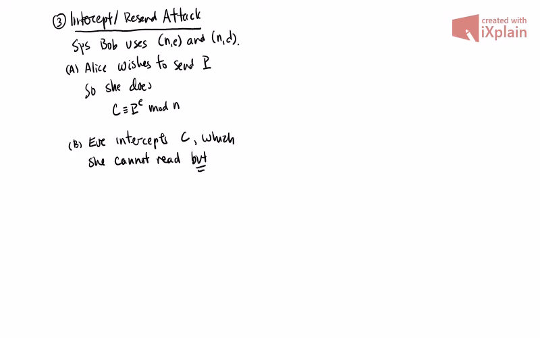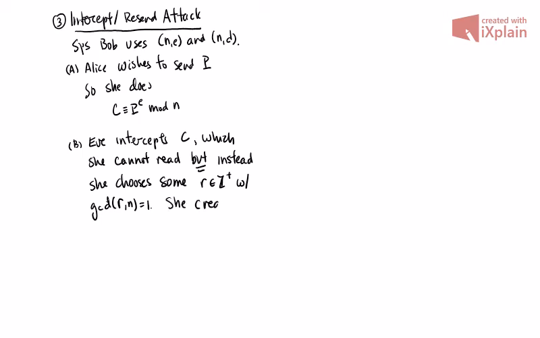But instead, what she does is this. She chooses some positive integer R, and that positive integer is going to satisfy the GCD of R and N being 1. She can do this because she knows N, that's part of the public key. She can find the GCD, that's easy, Euclidean algorithm.